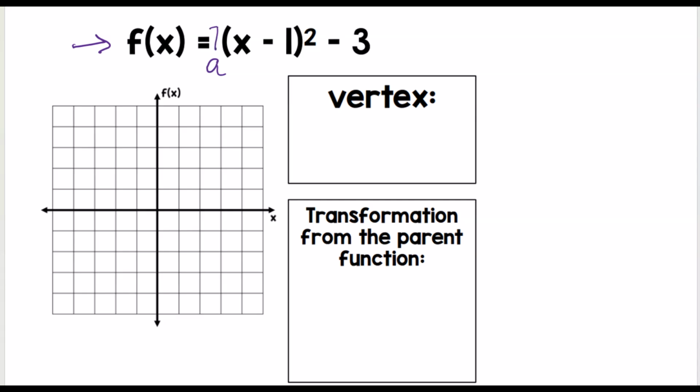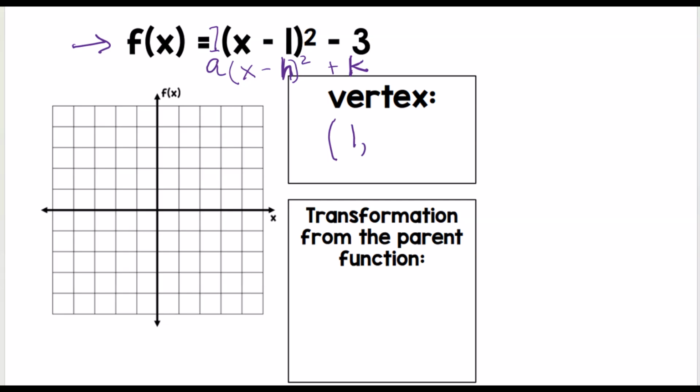Okay, so this is the a value, which is an invisible 1 right now. This is the h right here, and this is the k, because we have a times (x − h)² plus k. So that's the format we're going to use to identify these things. The vertex will always be (h, k), and h will always be its opposite sign because it's minus.